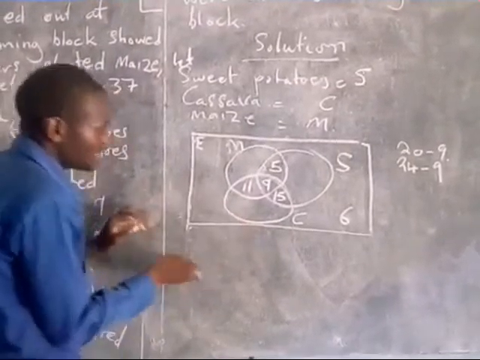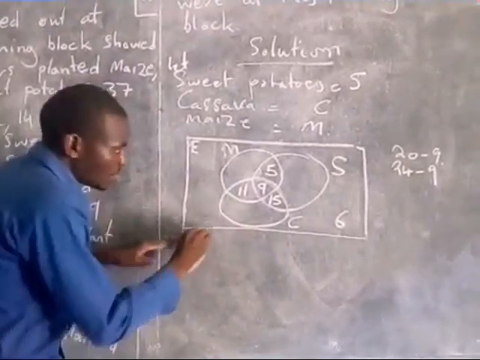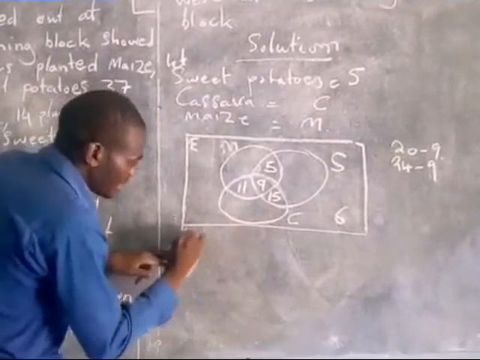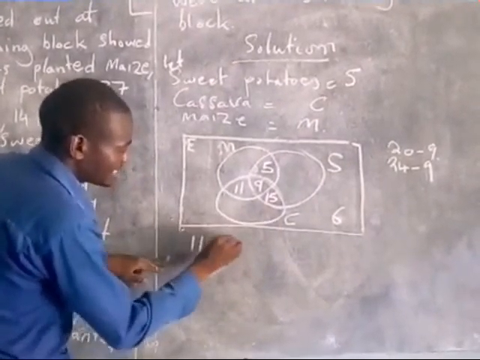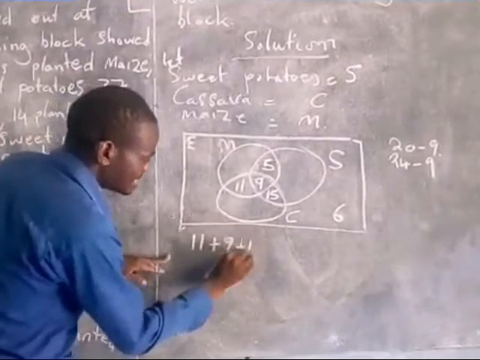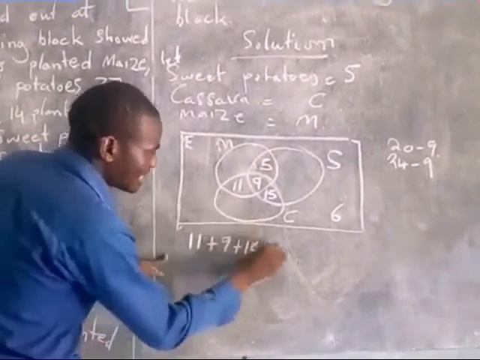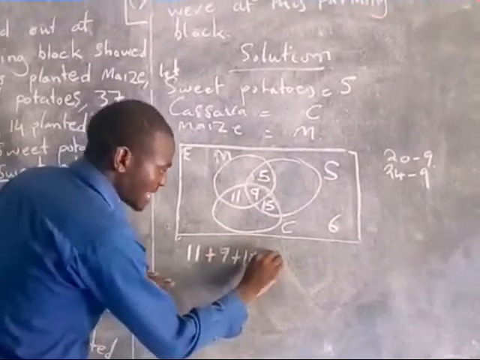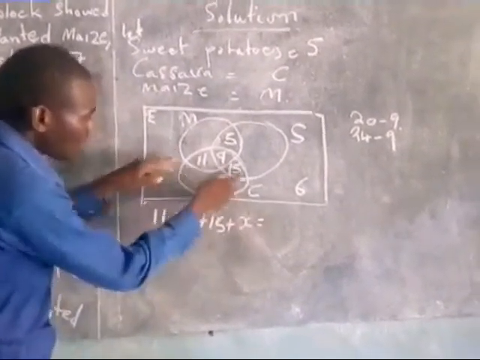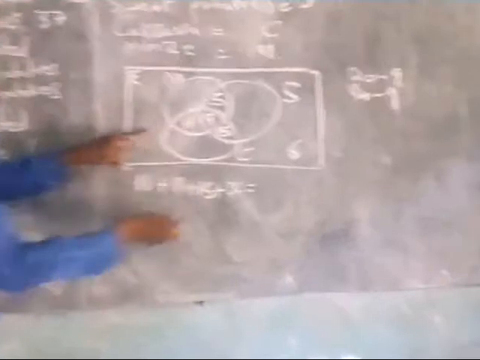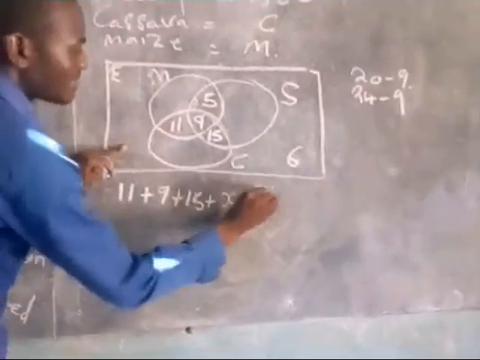So we'll add everything: 11 plus 9 plus 15 plus what we don't know here, which we are going to label as x. We are told all this should give us 37.